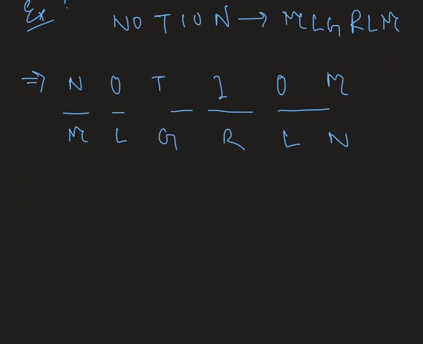Now we need to find how the word vector will be written in this code language. So we just need to find the opposite letters of the word vector.